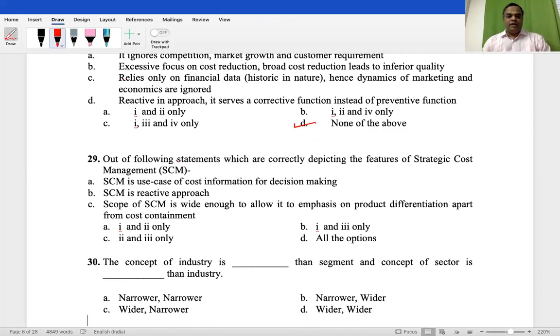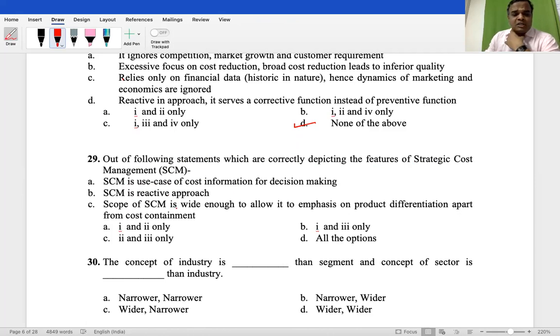Out of the following statements, which are correctly describing the features of strategic cost management? Strategic cost management is the use of cost information for decision making. Next, strategic cost management is a reactive approach.